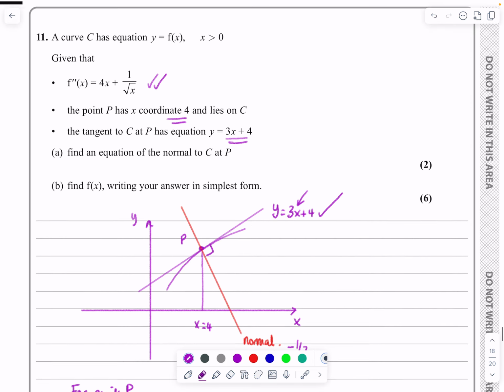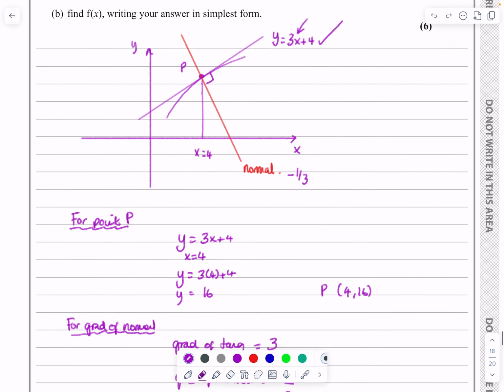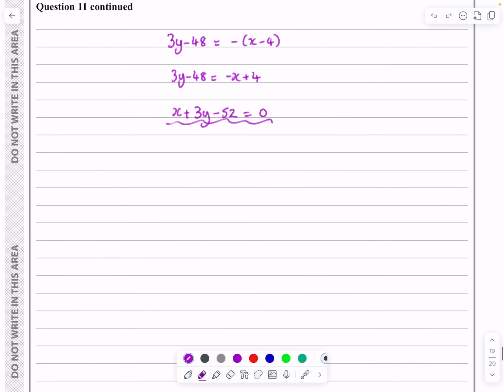Second part is, we know f''(x), and we're now being asked to find f(x). So if you're asked to find f(x), you just need to integrate it, get f'(x), integrate that again, and then we'll be able to work out what f(x) is. So for part B, telling the examiner, f''(x) was 4x plus 1 over root x.